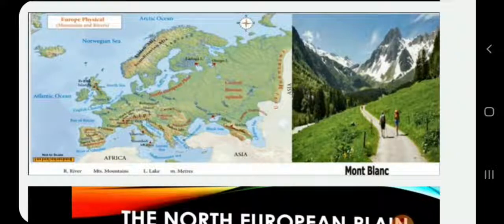Okay. Do you know the pyramid-shaped Matterhorn mountain is located in the Swiss Alps, at a height of 4,478 meters. It is popular for its shape.